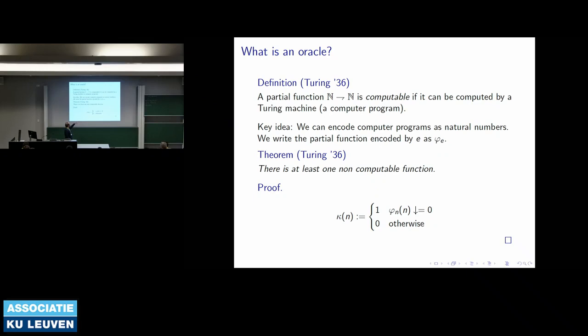The halting problem is a function which is 1 if the nth Turing machine halts, or is defined, on input n, and it's 0 otherwise. If you define it this way, you can show that it's not computable. Of course, this is a non-constructive proof. It is using excluded middle to show that this is a well-defined function.